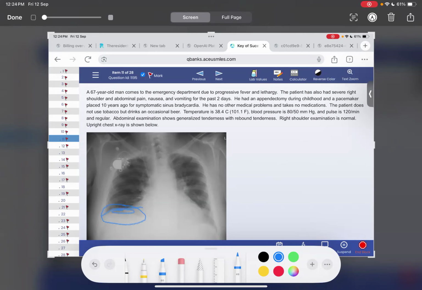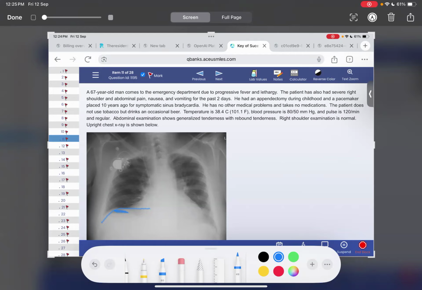It is not an air-fluid level. It is basically the air under the diaphragm. This is the diaphragm, so it is under the diaphragm. Basically, this is pneumoperitoneum.